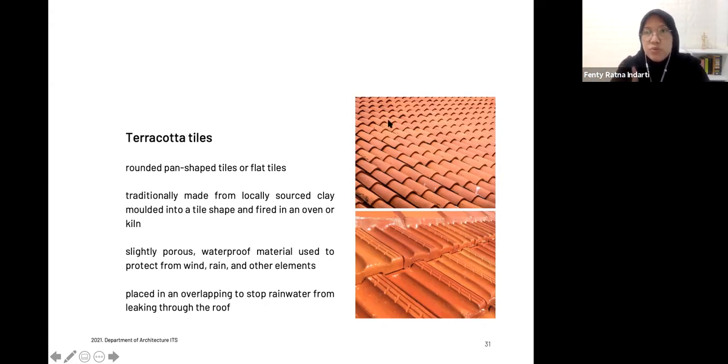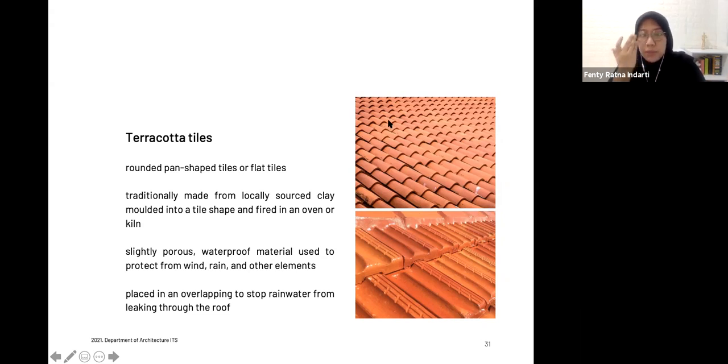It has two typical shapes, even though when you go to the market, each region, for example Central Java, East Java, even each kabupaten, has its own shape of terracotta tiles.